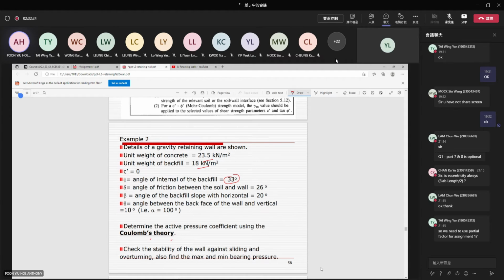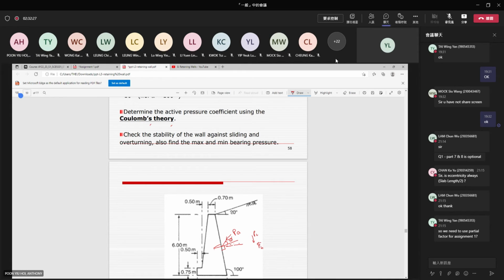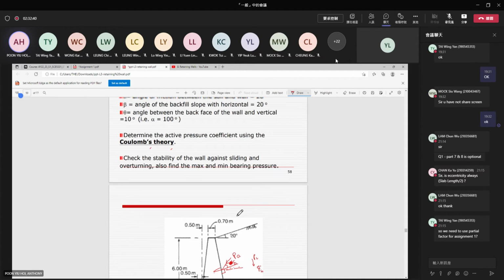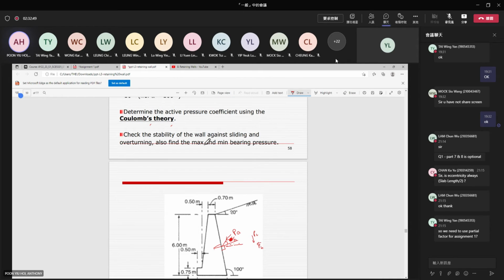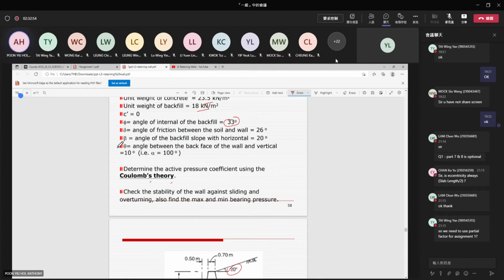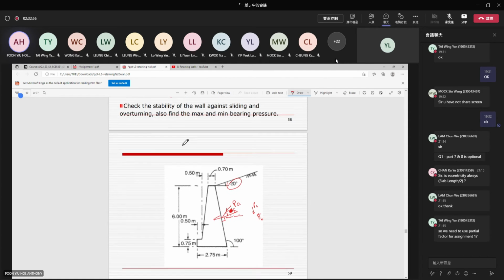The friction between the soil and the wall, so this is the angle between the soil and the wall, and the angle of backfill of the slope, which is this one, and the angle of the back face of the wall, which is this one.